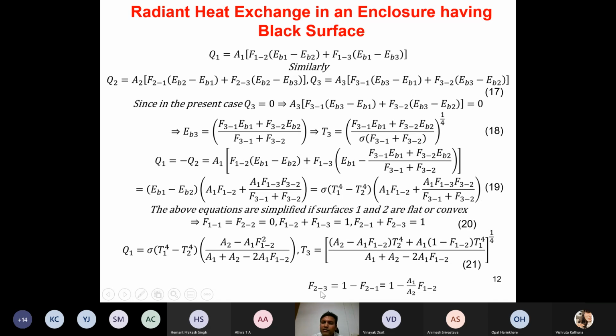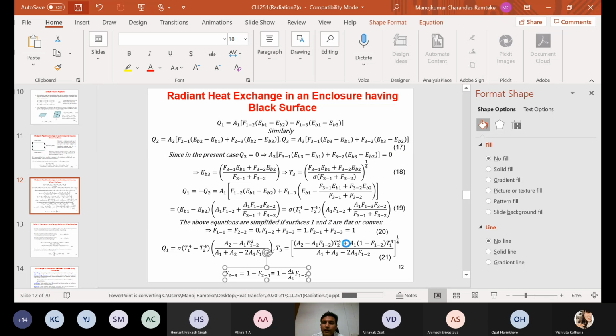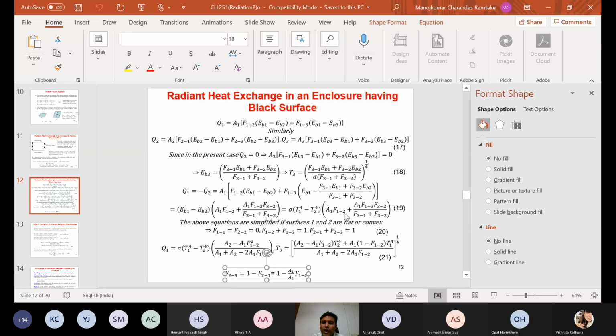So F23 is given as, maybe I'll just rearrange this part. So F23 in this case is going to be... F32 is given as A2 F23, isn't it? So again by reciprocal relation we can replace F32 in terms of F12 directly.